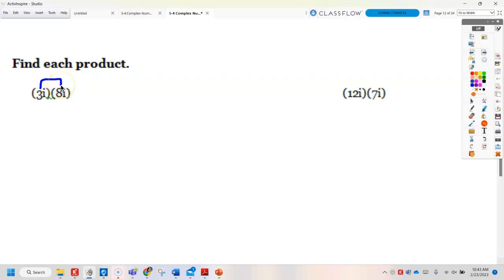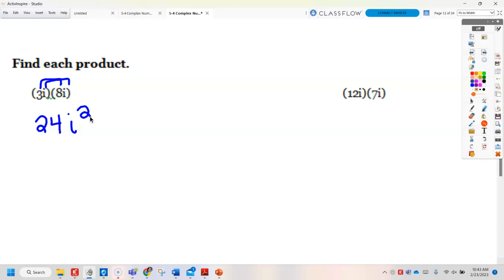So 3 times 8 is 24. i times i becomes i squared. The rule for simplifying complex numbers is that no i can have any power in your final answer. So like if it was x's, you leave it as x squared. The rule for i's is that i's cannot be to any power.